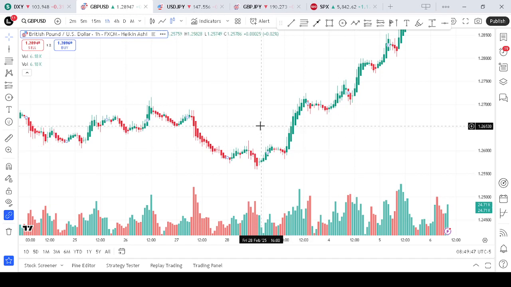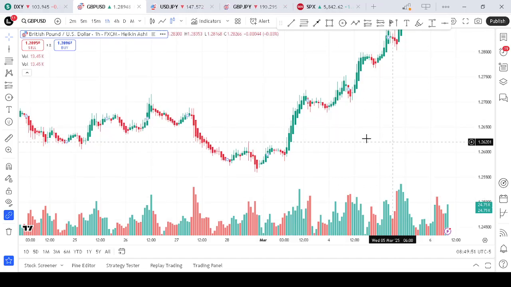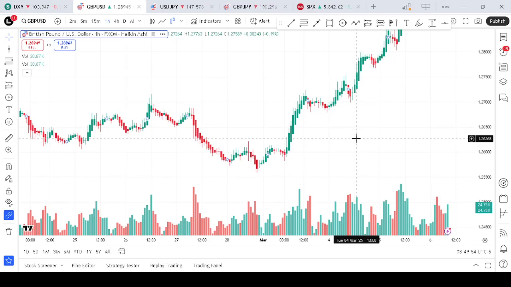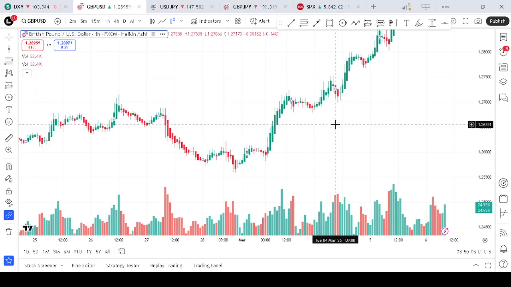Each Heiken Ashi candlestick chart uses a formula that averages price over a specific period. The open price of a Heiken Ashi candle is calculated as the average of the open and close price of the previous candle.